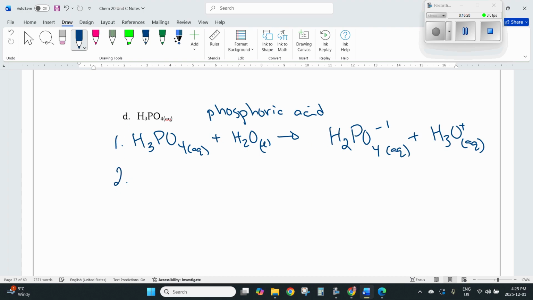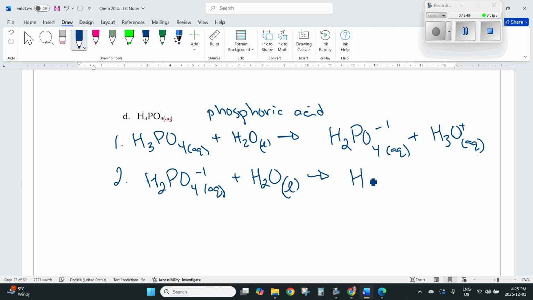Step 2, now I'm going to take that H2PO4 minus 1, and I'm going to react it with another water molecule, because you're throwing it in water, which has more than one water molecule. Acids donate. This H2PO4 minus 1 is acting as an acid.